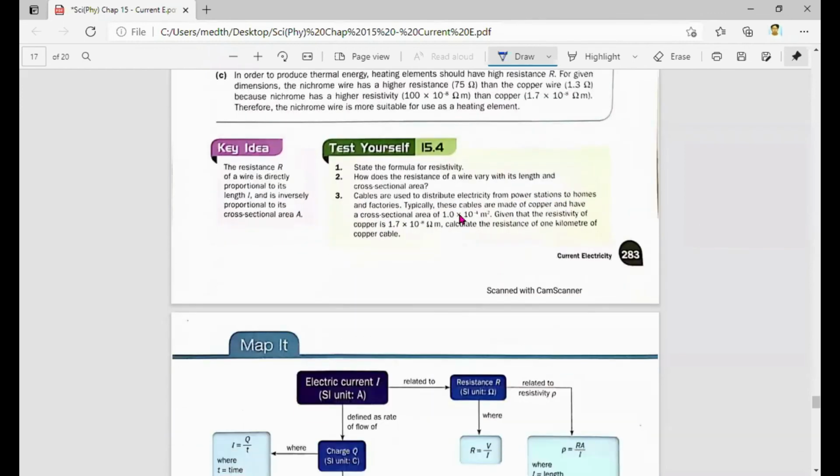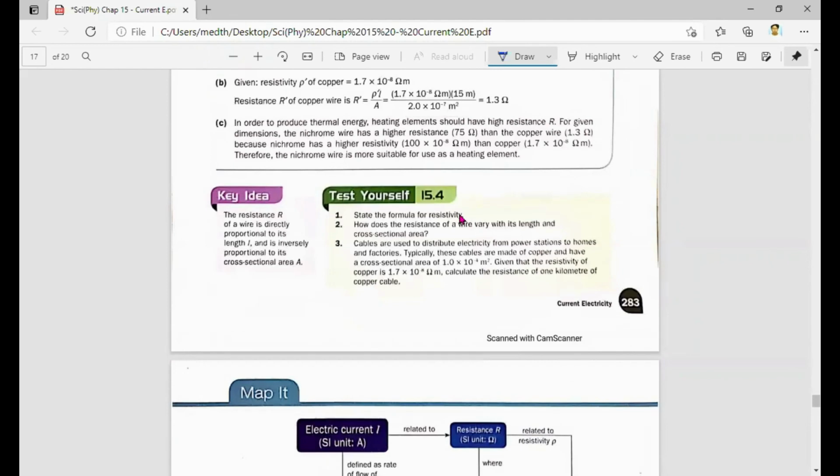So before we end, I want to do a little example with everybody. Here I have wire E, compared to a longer wire F. This is 1 meter long.